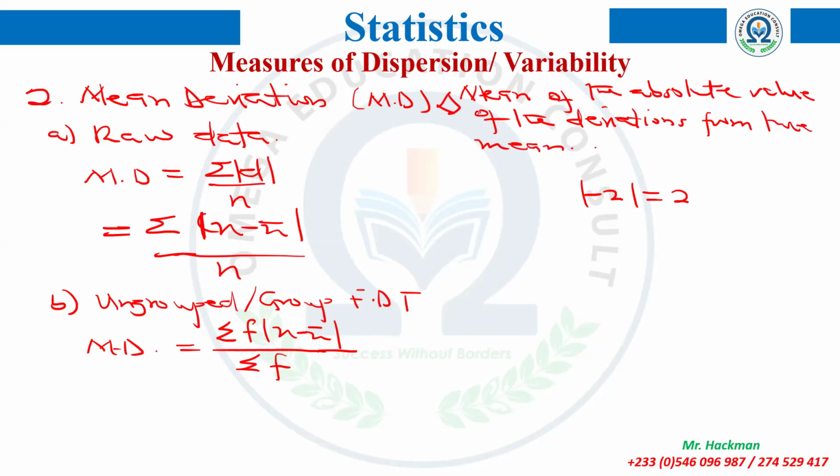So we said your D will be equal to X minus X bar. The absolute value of D will be the absolute value of this. Is that clear?